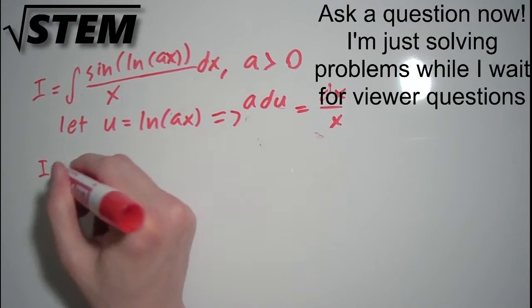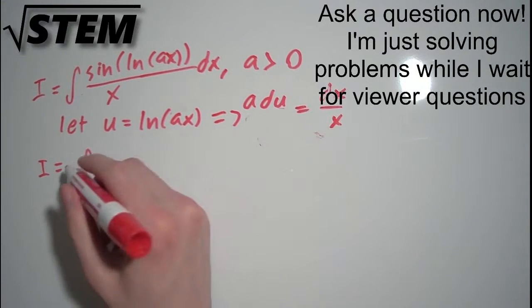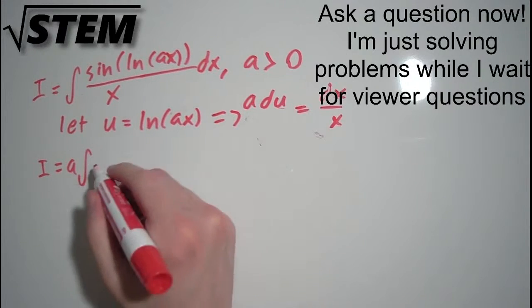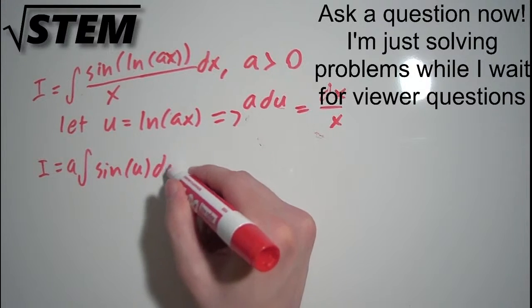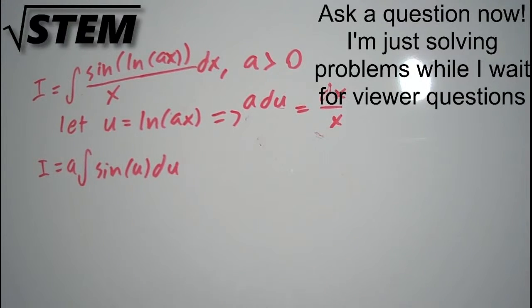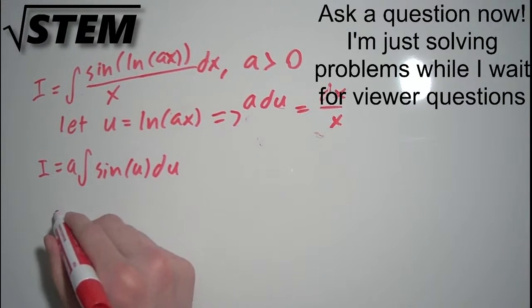Now our integral is going to be equal to a times the integral of sine of u du. And the integral of sine, if you derived a positive sine, you integrate to negative cosine.